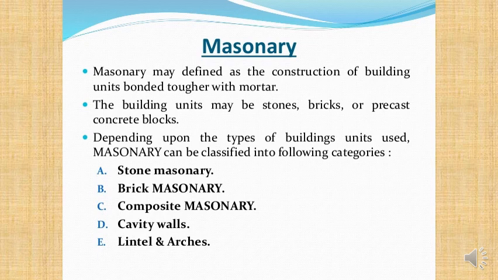So what we're going to be doing here is we're going to talk briefly about masonry generally, and then we're going to talk about the different materials, stone masonry, brick masonry, and we're also going to talk a little bit about some of the key aspects of masonry, such as cavity walls. We're not going to do that last line, lintels and arches. I'm trying to cut down the material, considering this is only a 10-week semester.